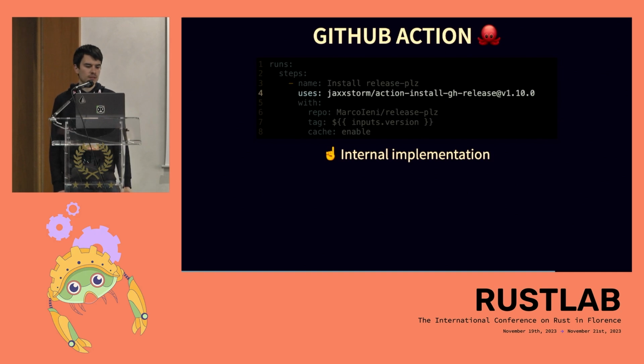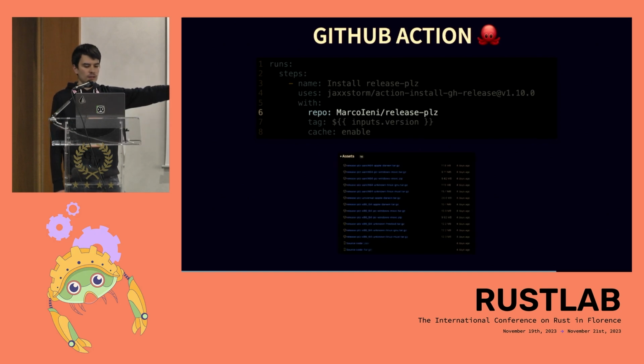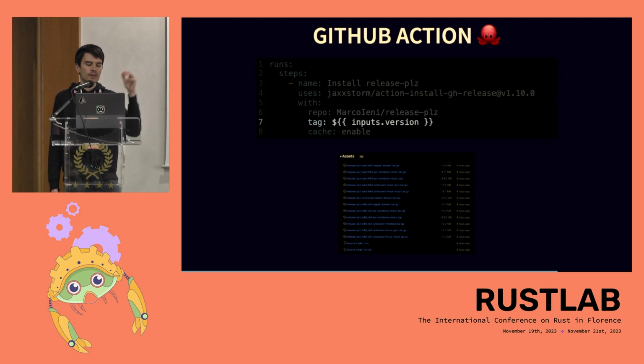What this action does is that you specify a repository, and then it goes into this repository, checks the binaries released in the assets of the repository, and given the tag you specified, it downloads the binary for the right architecture.